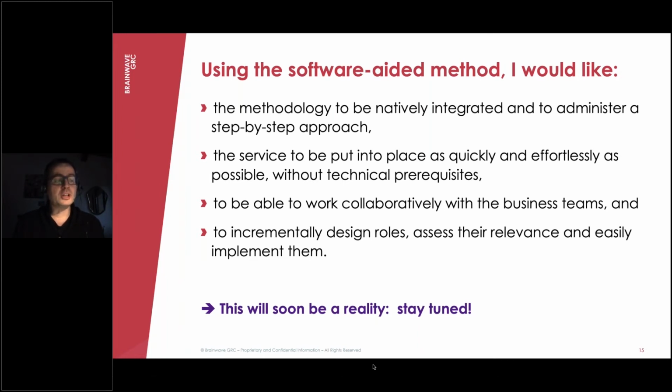So roles are not static things that you design once and for all. You need an approach that will help you identify the gaps and tune the design of roles over time very simply. So this will all soon be a reality.